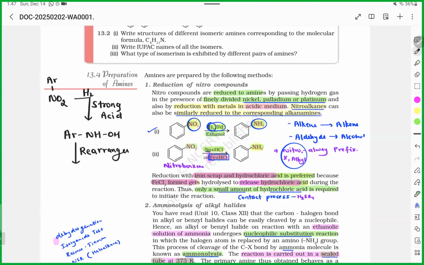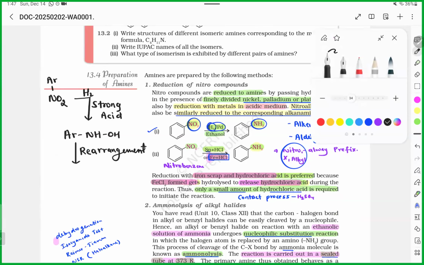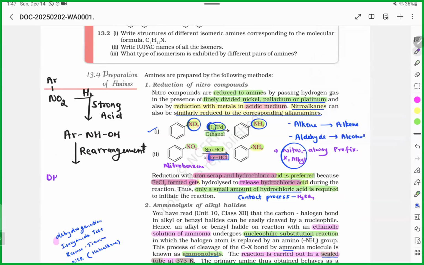After rearrangement, the product will be OH on the benzene ring and NH2.